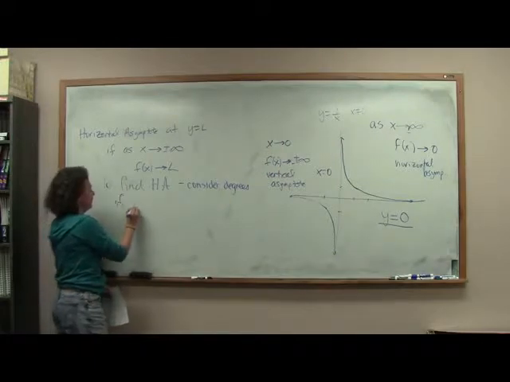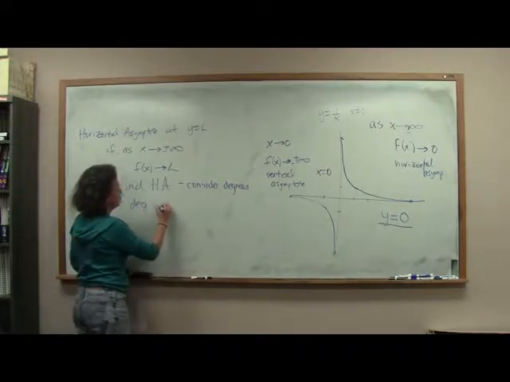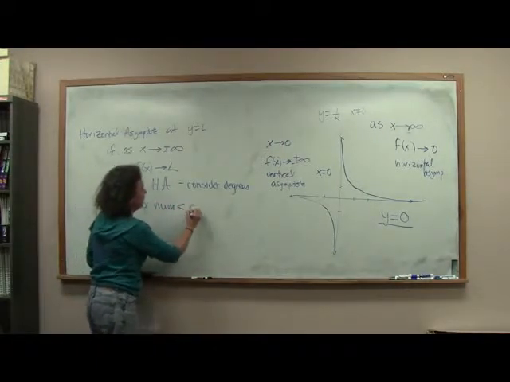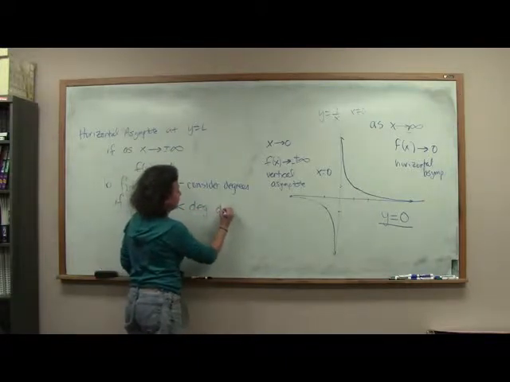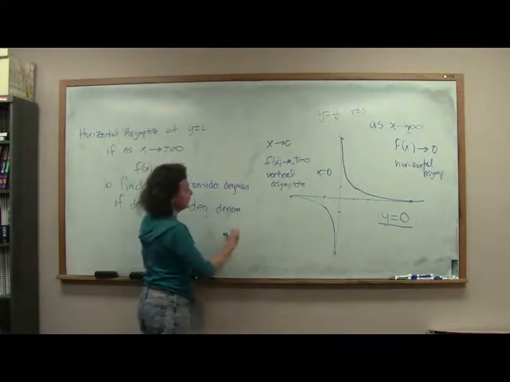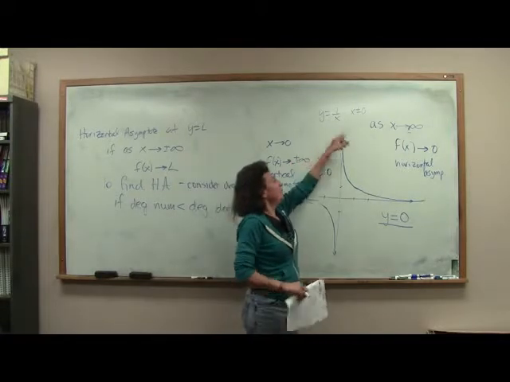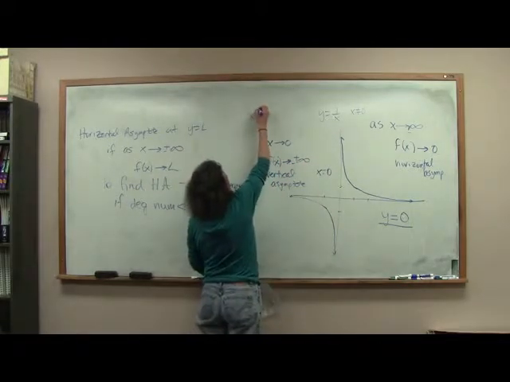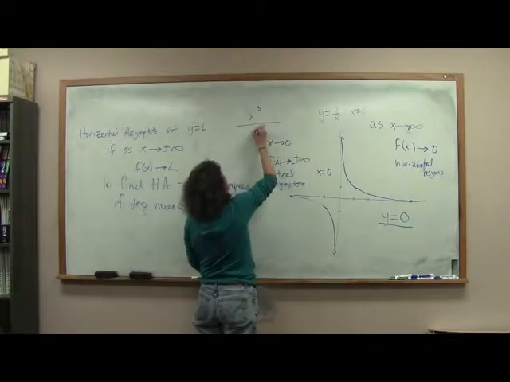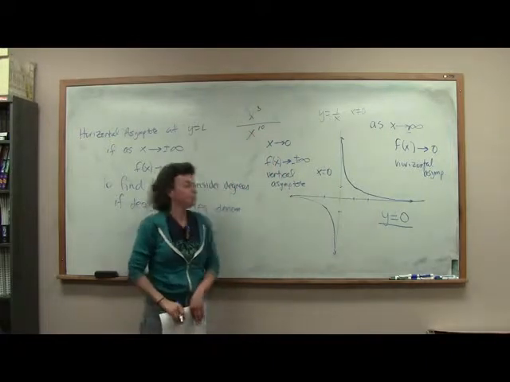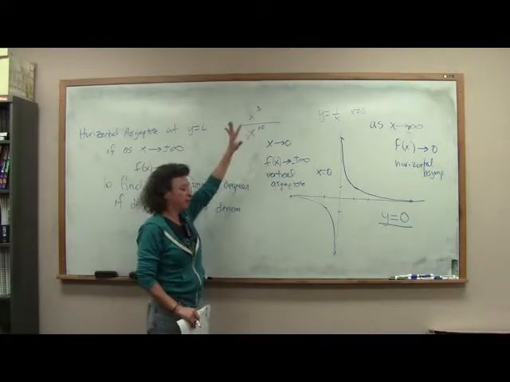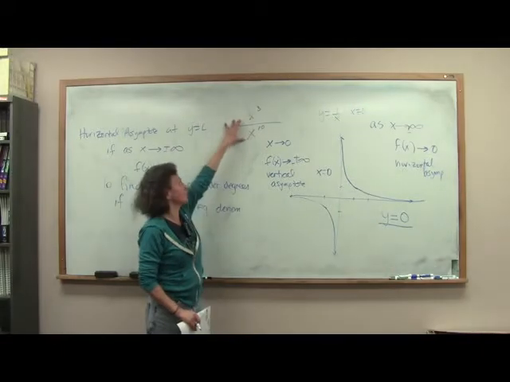If the degree of your numerator is less than the degree of your denominator, I could have, say, x cubed over x to the 10th. Yes, we could simplify this, but let's just consider our first terms.